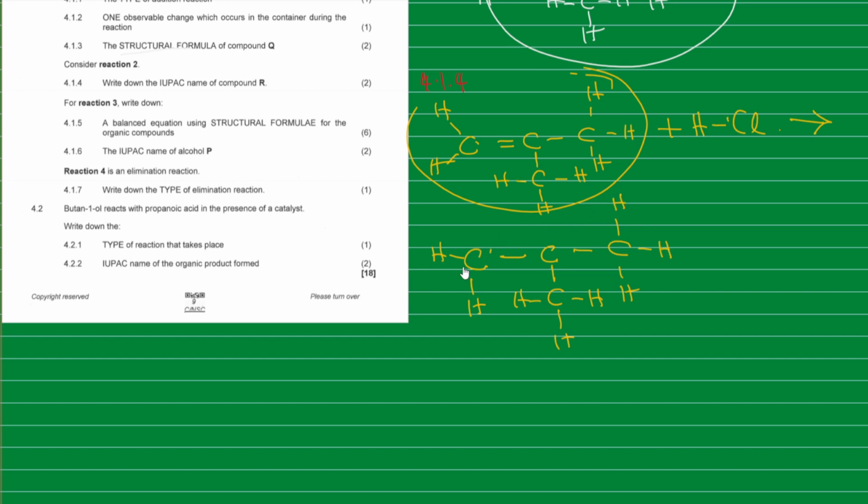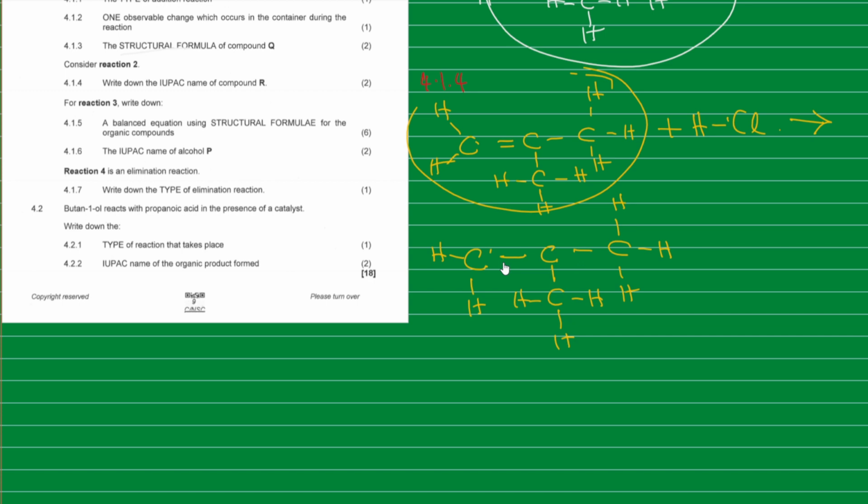So what happens in an addition reaction is we are breaking the double bond between the carbon atoms into a single bond. Now you will notice that the first two C's have incomplete numbers of bonds here. There's 1, 2, 3 and 1, 2, 3.